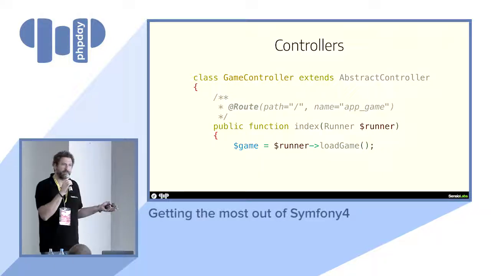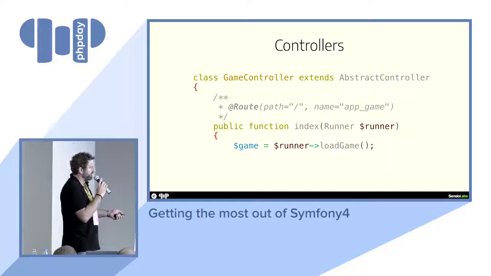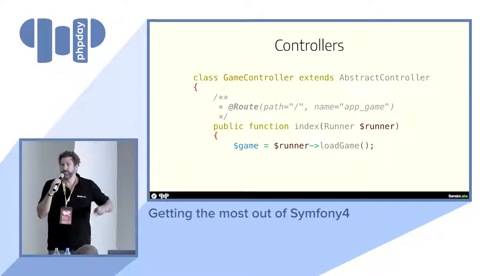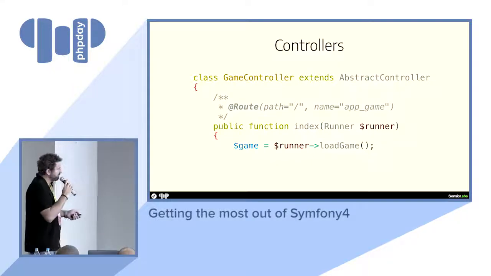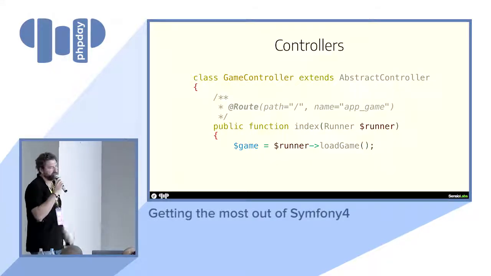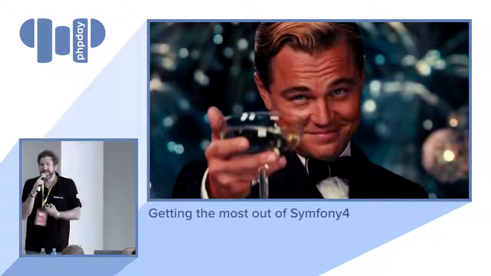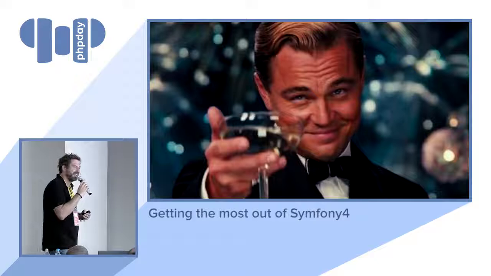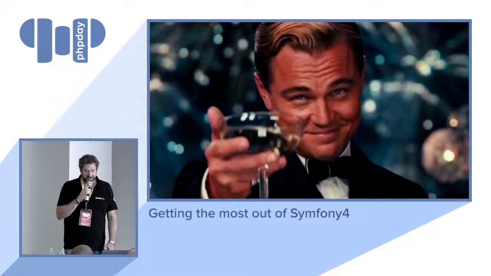Very, very bad practice. And now we don't need that anymore, because into our actions we could inject it into the constructor like in every service, but also in the actions we can inject every service by just type-hinting it. And that is really, for me, the killer feature because it allows you to write clean controllers.